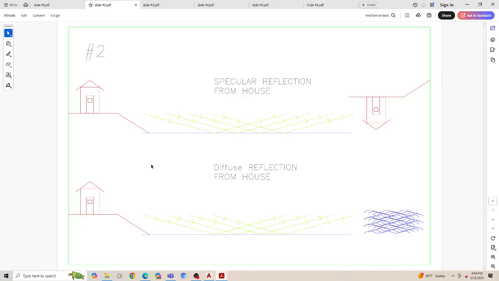We are talking only about reflection. We would see from this distant object and the shoreline the mirror image of the house and the shoreline. It is inverted at this point. This is specular. Specular means more mirror-like. We would see the house.